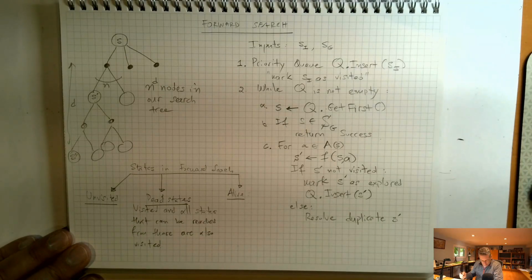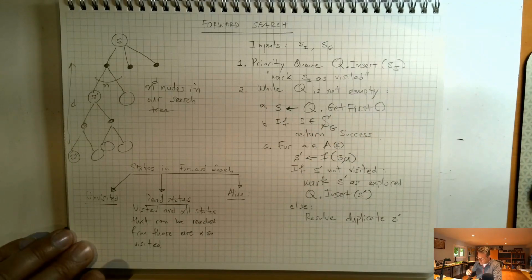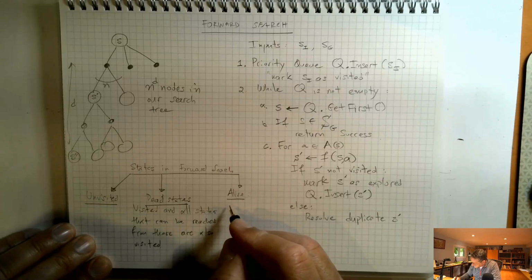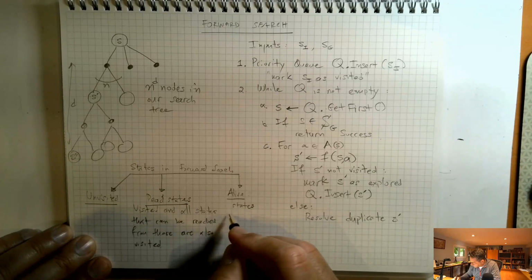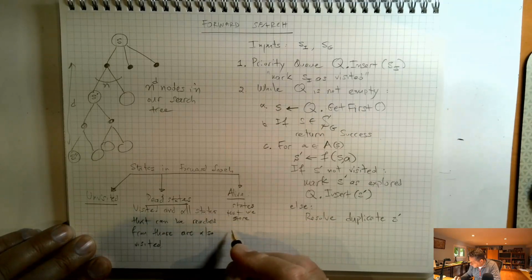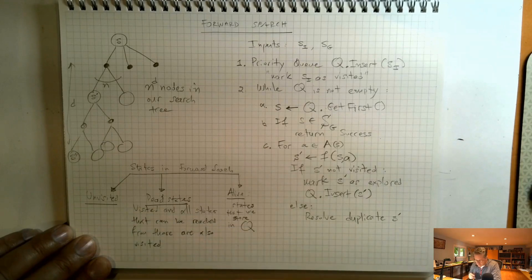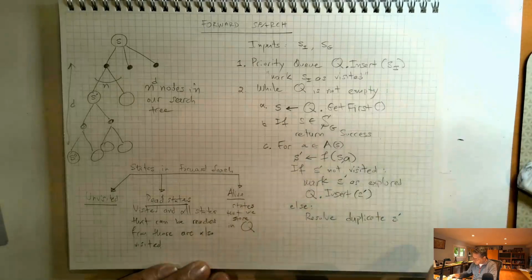The only alive state initially is the starting state, and these are the states that we store in the priority queue. So I hope everything is clear now as to what we need in order to implement the forward search.